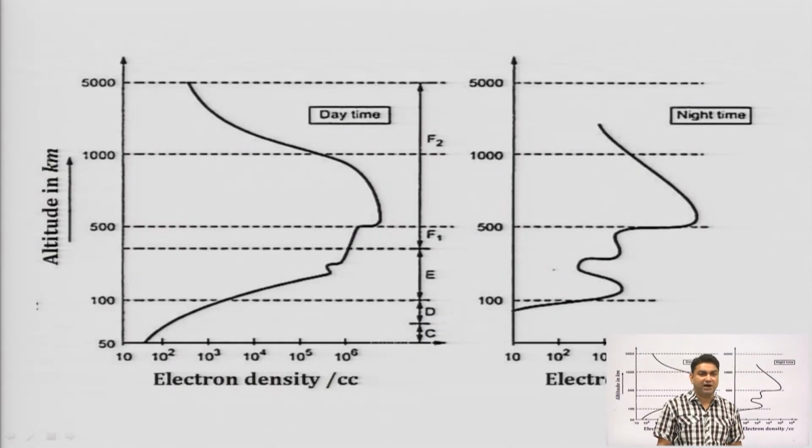This is a diagram showing electron density versus height for the different layers of the ionosphere.